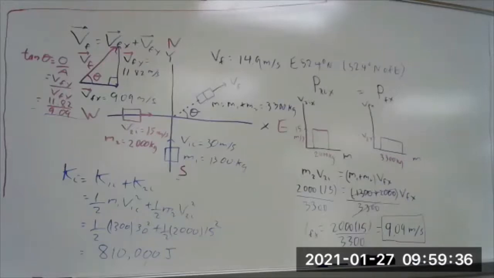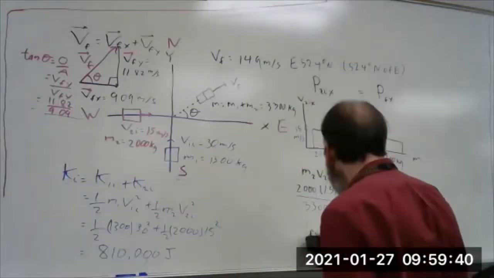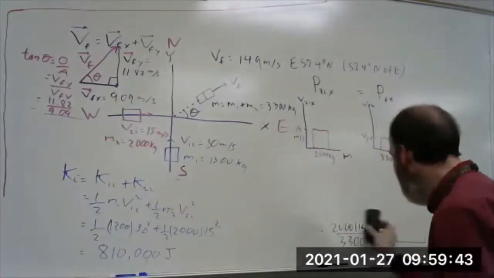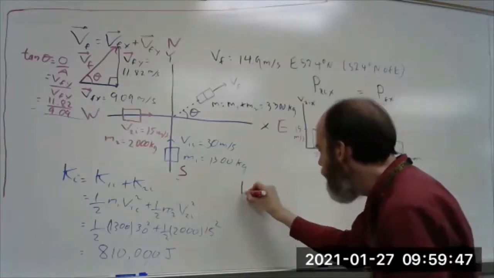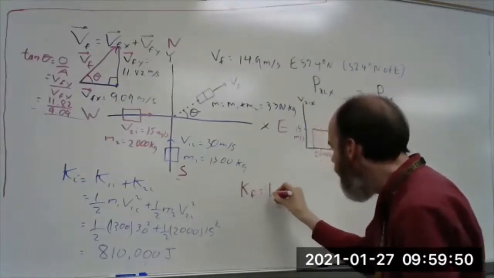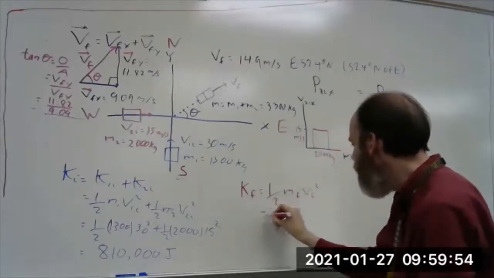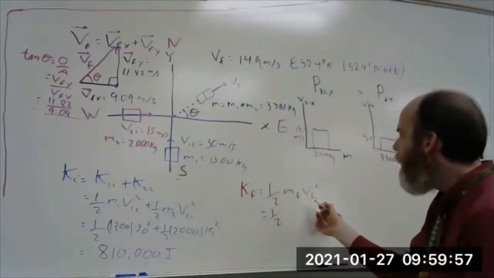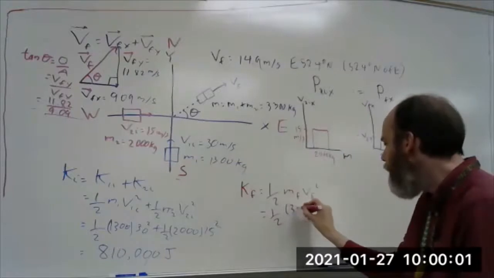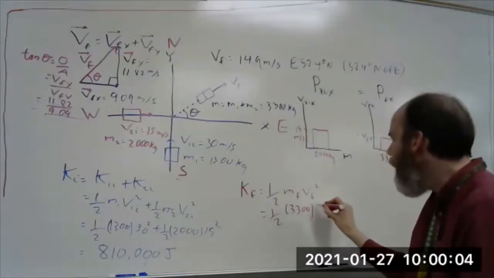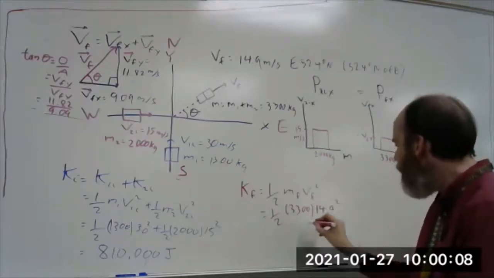Now let's look at the final energy. We'll get rid of this. The final energy is just going to be 1/2 m final v final squared, which is 1/2 times m final, the sum of the two masses, 3,300, times 14.9 squared.